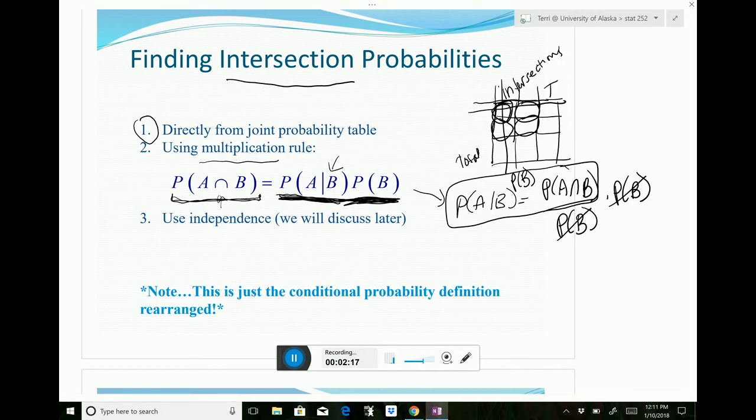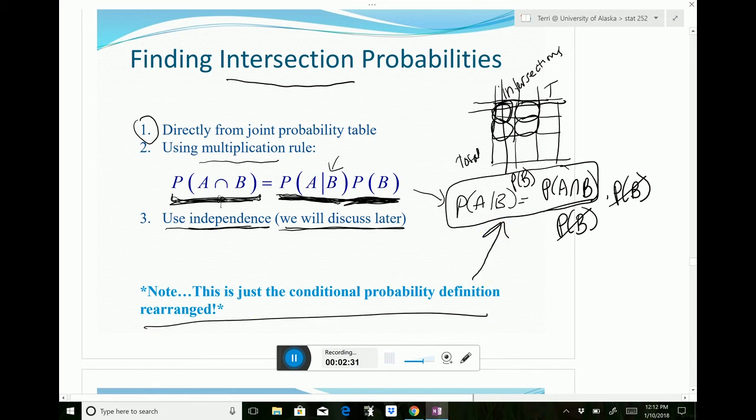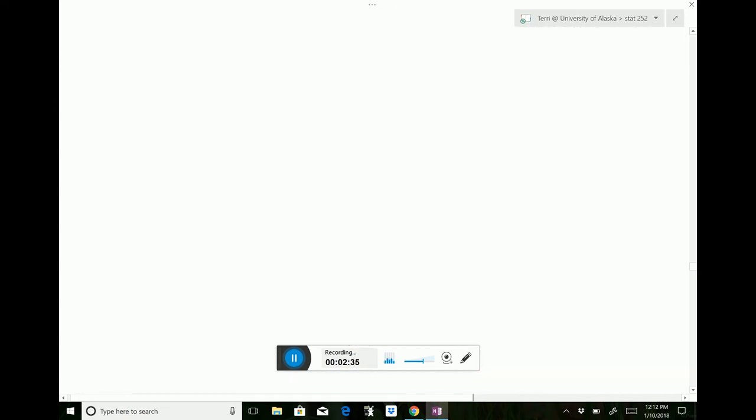So that's 12.5%. So that's the probability that they both happen at the same time. Or we can use independence. Now we're going to discuss this later. So note, I already said this, that this is just the conditional probability definition rearranged.